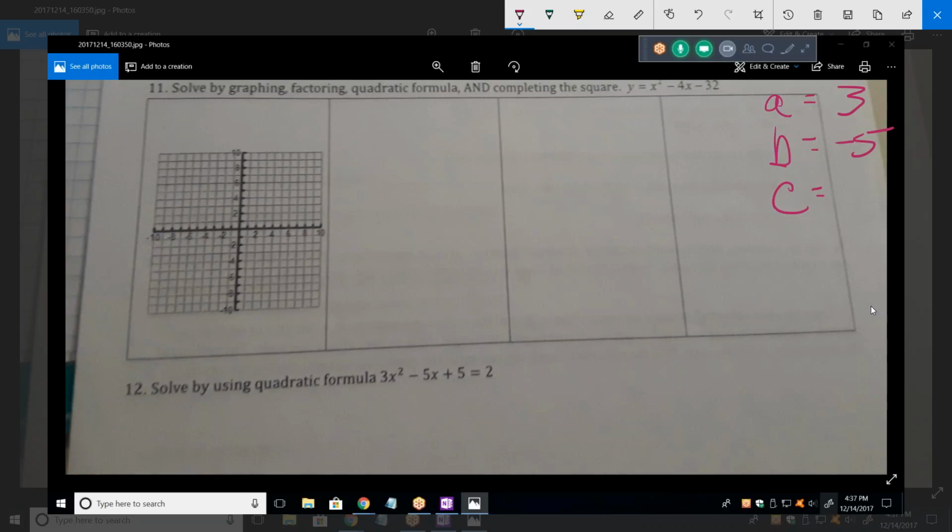Before you can apply the quadratic formula, one side of this thing has to be 0. And it isn't right now. Oh, so it's 3. Okay. Now solve it with the quadratic formula.